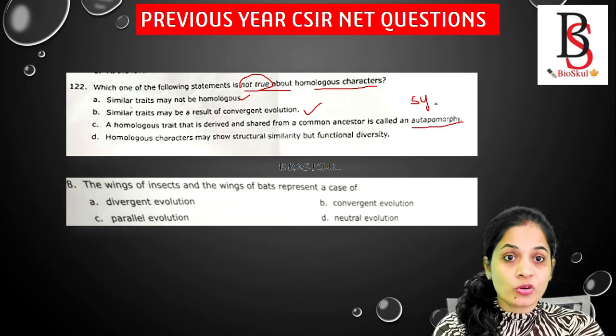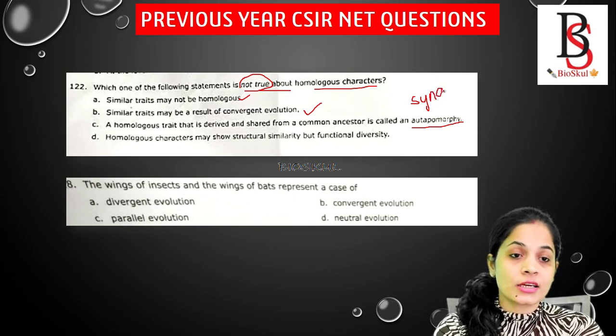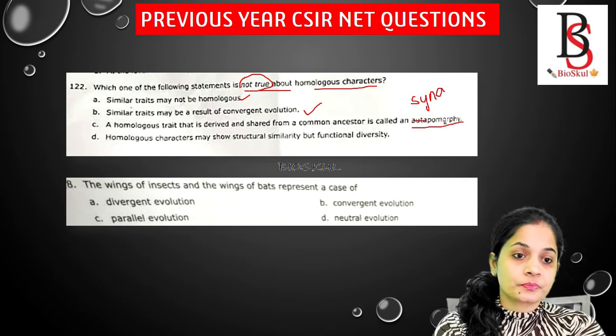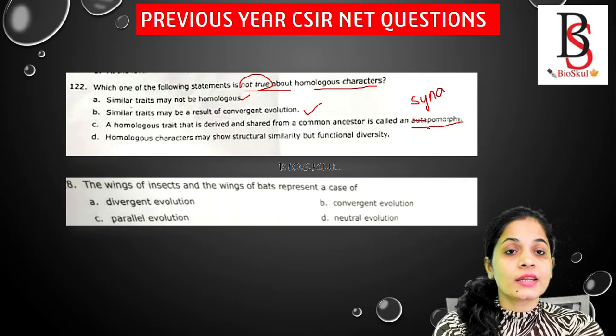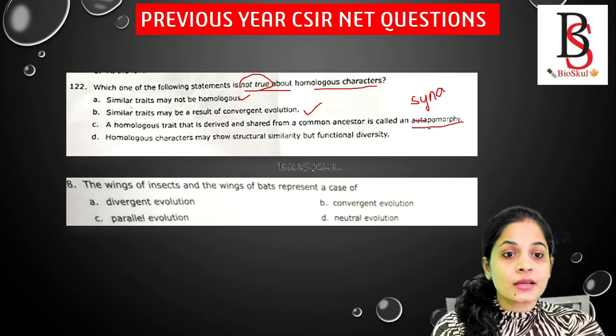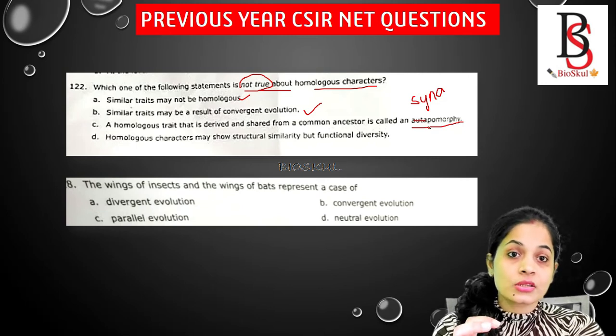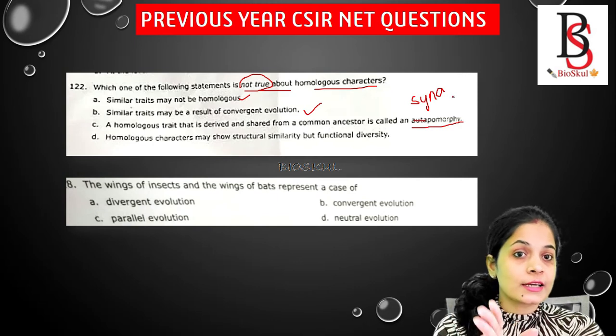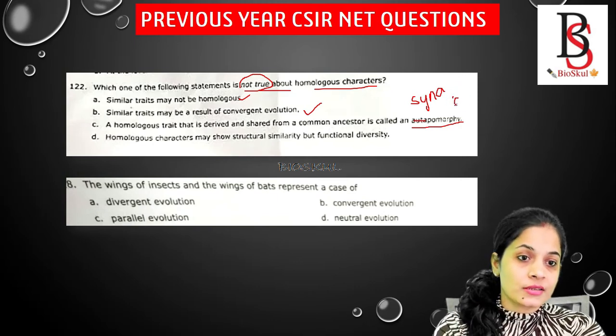So when a homologous trait is derived and shared from an ancestor, that is known as synapomorphy, not autapomorphy. In autapomorphy, it has a distinct character, a unique character which is not shared with its closely related taxon.